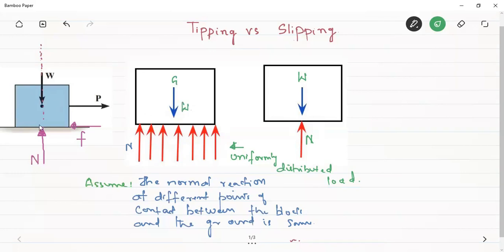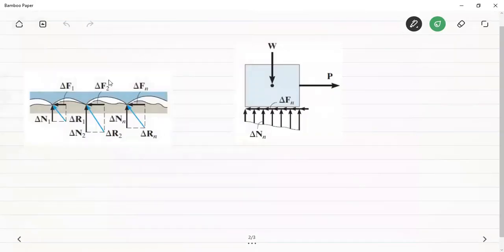But see here, what is the actual condition of the contact between the block and the ground? If we look at the microscopic view, this is the contact surface between the block and the ground. We can see so many surface irregularities.